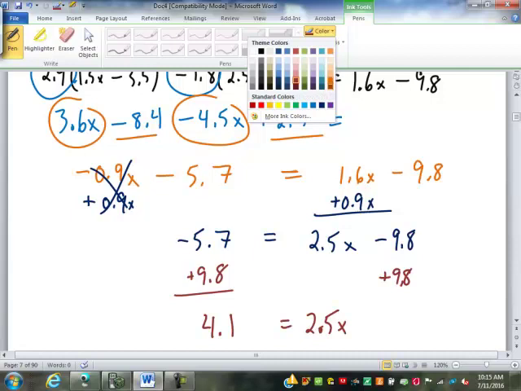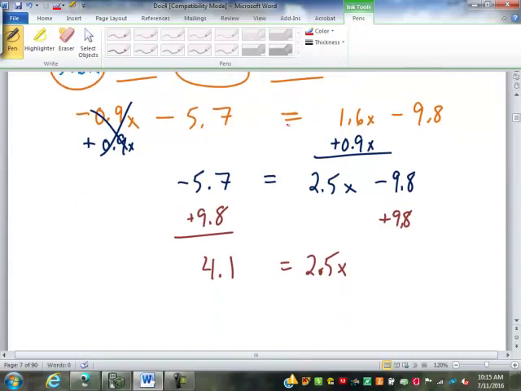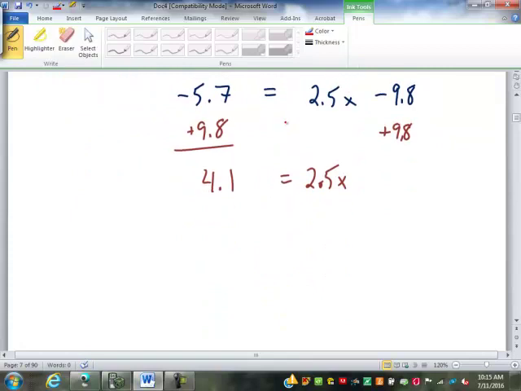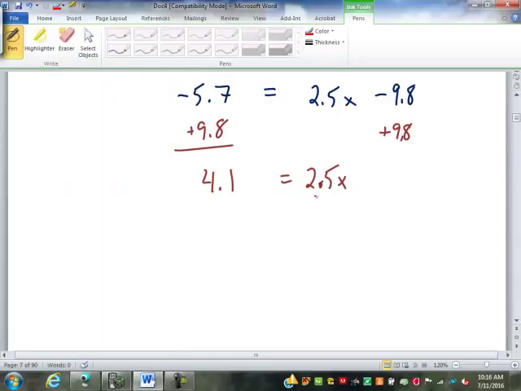I believe so. Yep, negative 5.7 plus 9.8. Yep. So now what do we have to do?